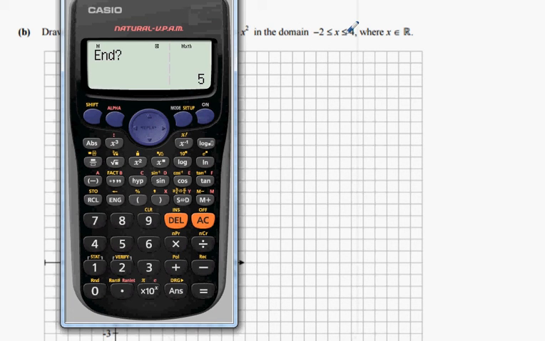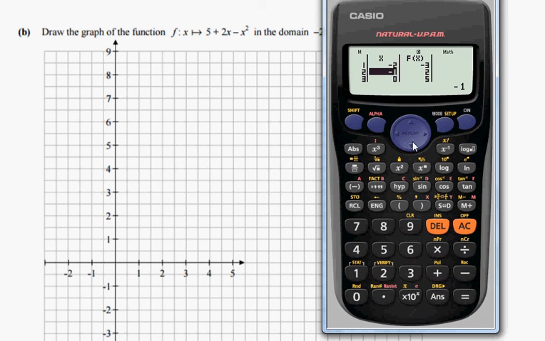And then end at, go up in ones. Okay, so Aaron, you got these points here, did you? Minus 2, minus 3, minus 1, 2, 0, 5, 1, 6, 2, 5, 3, 2, and 4, minus 3.